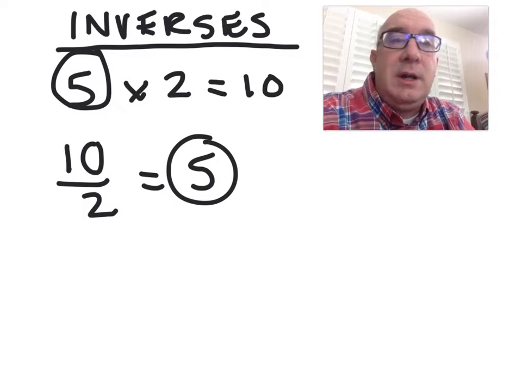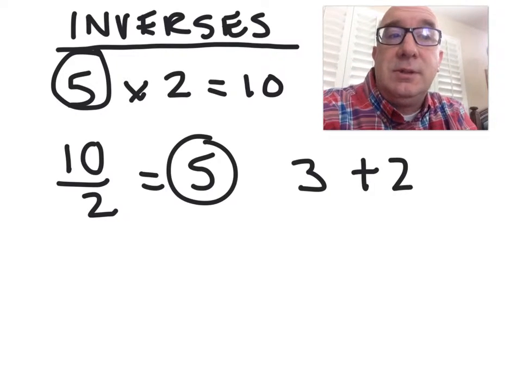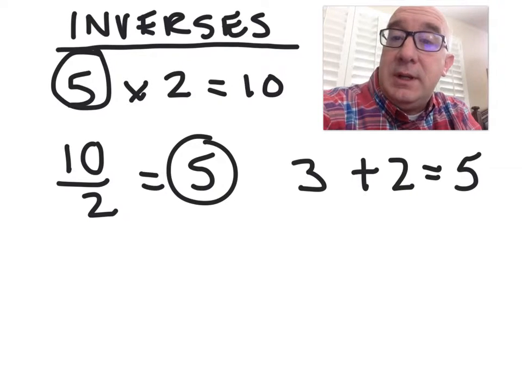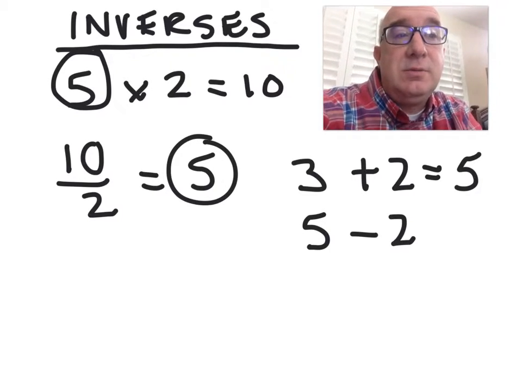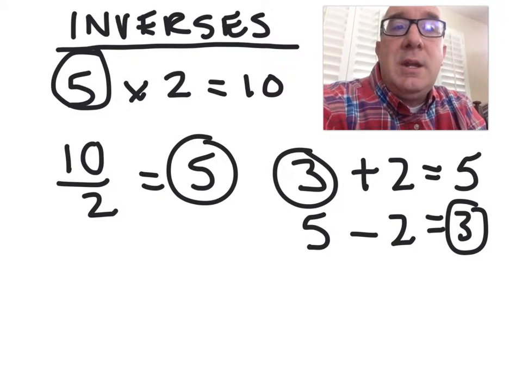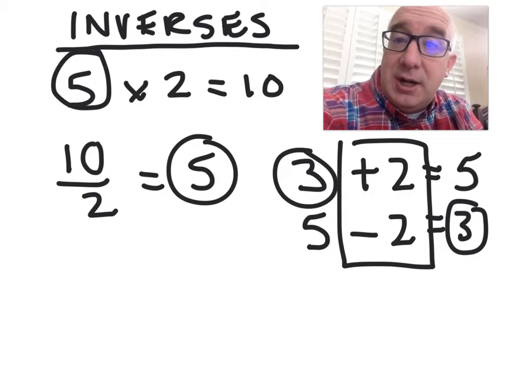So another inverse, if you took a number like 3 and you added 2, you'd get 5. Well, what would be the opposite of that? It would be subtracting 2 to get my 3 back. Inverses are the undoing of each other.